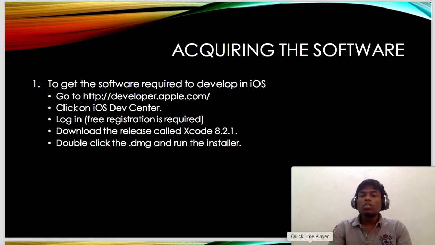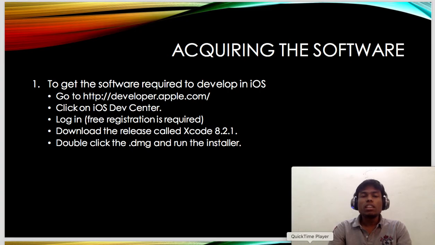So how do you set up your development environment? To get the software to develop an iOS application, first you need to have Mac OS X. Then you need an IDE tool, through which you can build your application.